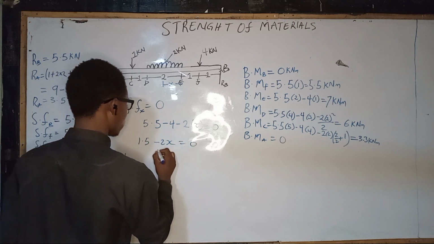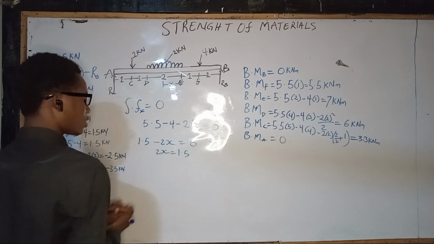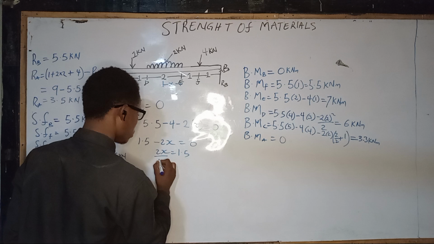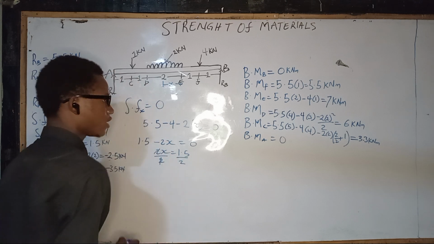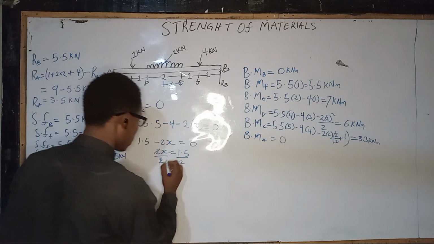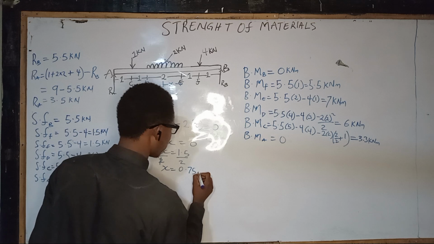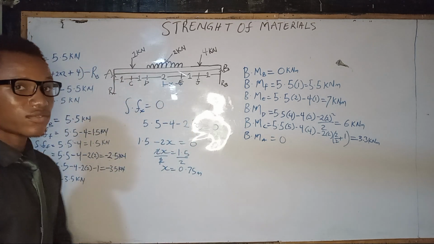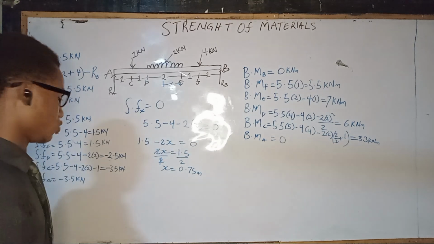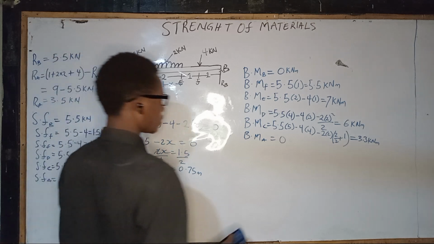We have 2x equals 1.5 by collecting like terms, and we divide by 2, so x is equal to 0.75 meter, not L over 2 as I have mentioned earlier. So the point where the moment is highest is 0.75 meter.